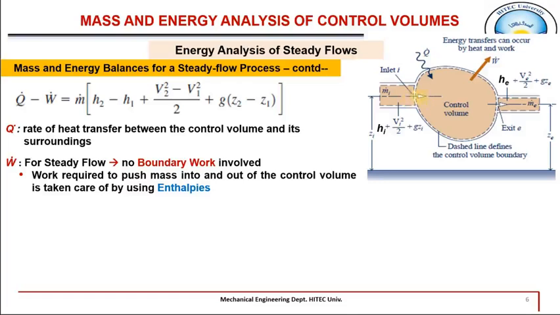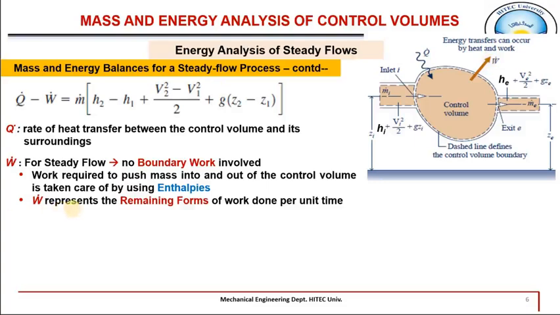That work, which is the PV product, has been accounted for here by enthalpy, because enthalpy incorporates this pushing work, and also the work when the fluid is leaving. So that PV work, which is required at the inlet and at the exit, is already included here. So it is not this one, and this one is not a boundary work, right? So then what kind of work could it be?